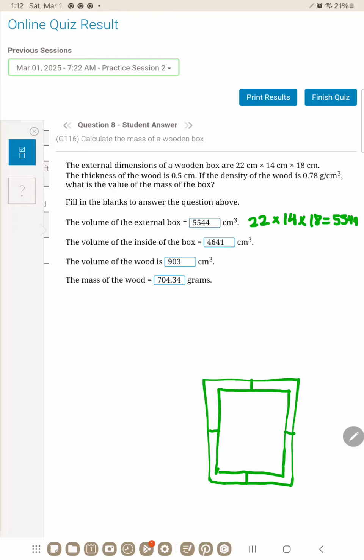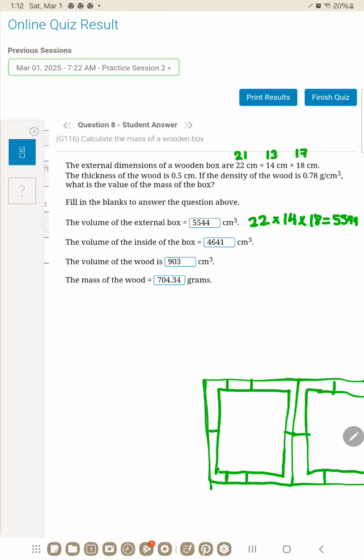So from the height, the width, and the length, you're losing 0.5, or you're losing 1 in total, because if this is your height, which is 22, we want 22 minus 0.5 minus 0.5. So you subtract 1 from each dimension. This becomes 21, this becomes 13, this becomes 17.